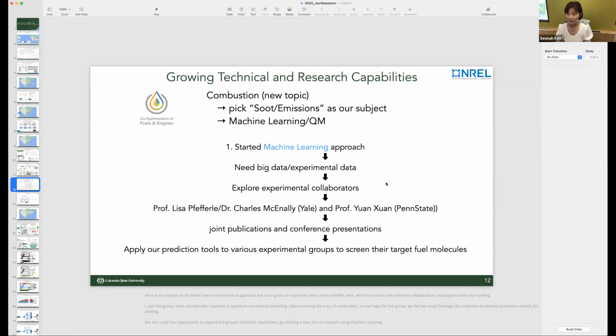Then I found an interesting paper that I thought would be a good example for my database. That was Professor Lisa Pfefferle's paper. I had never met her before, and I didn't know who she was. Of course, she didn't know me either. But I had nothing to lose, right? So I just emailed her saying, I read your paper, and this is a really good data set that you have.